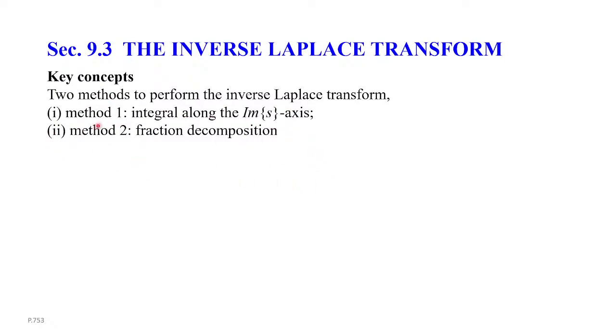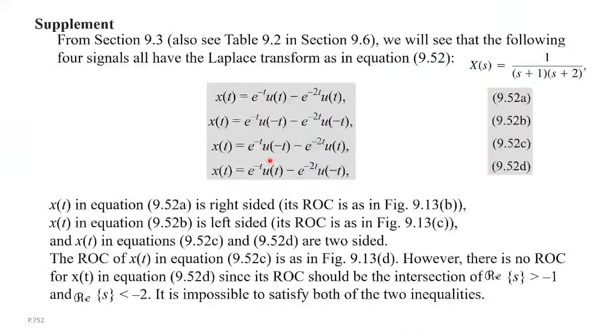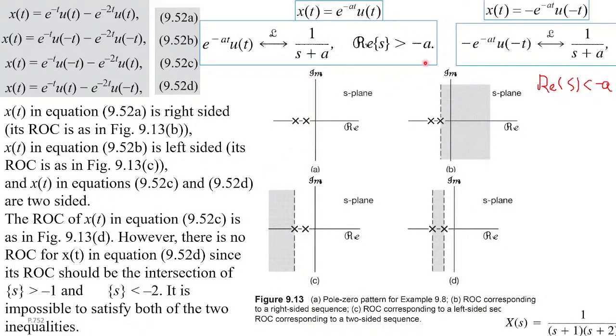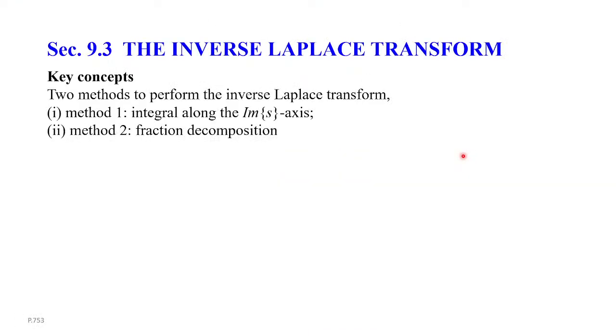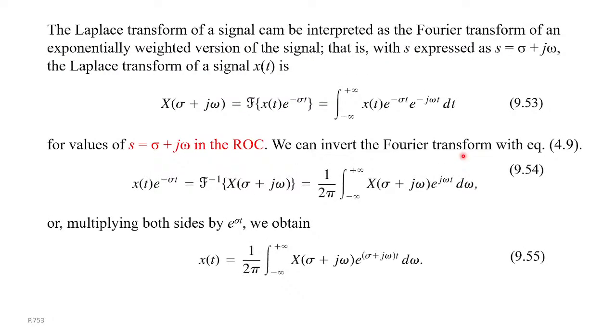The other is for rational functions, you can do fractional decomposition, which I already did here, and you just pick a side for each fraction using the ROC analysis. Let's have a more formal discussion of all this.